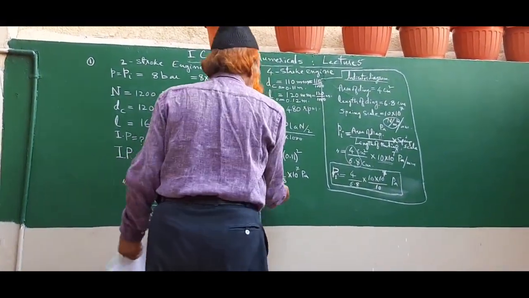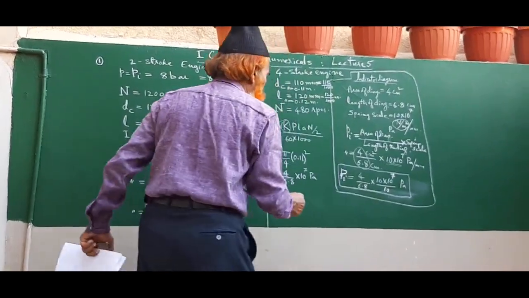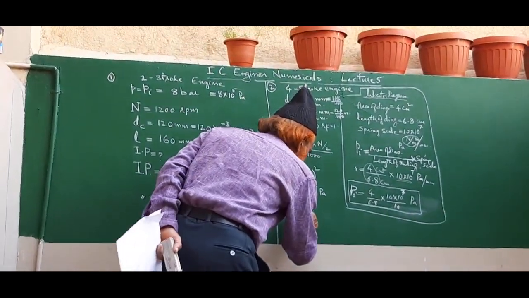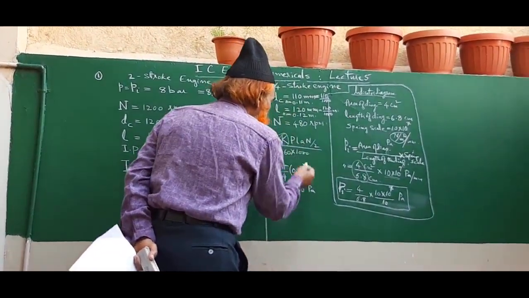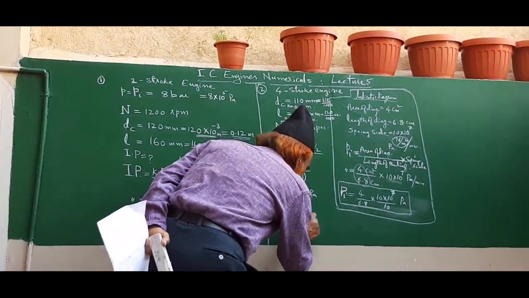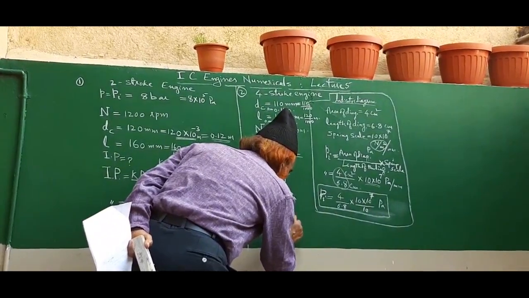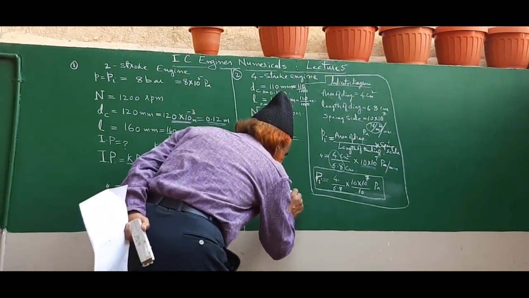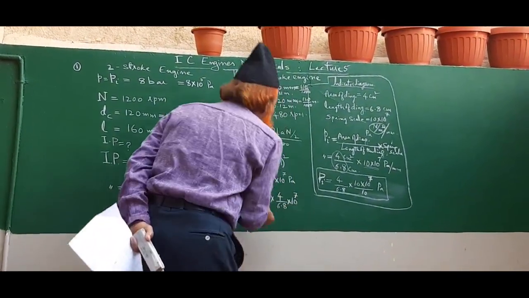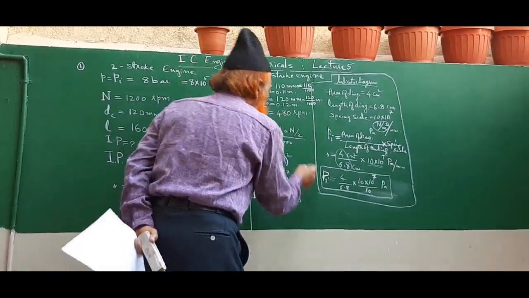If you want to put 1, you put it, otherwise plan by 2 you can take down anyhow. Now P is 4 by 6.8 into 10 to the power 7, L. L is how much? L is equal to 0.12.